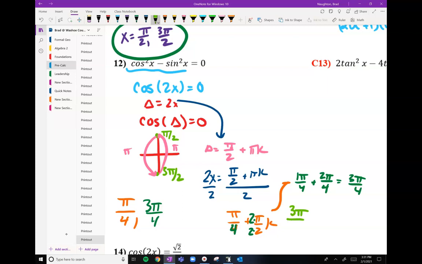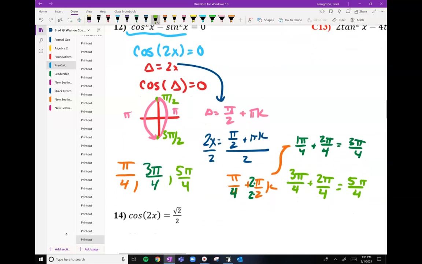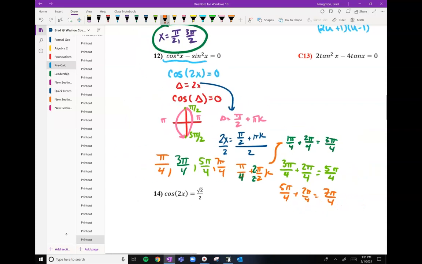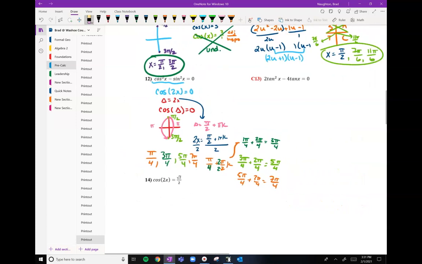Then 3 pi over 4 plus 2 pi over 4 is going to be 5 pi over 4. Okay, got another answer. And then we're going to do it one more time: 5 pi over 4 plus 2 pi over 4 is going to be 7 pi over 4. Cool. There are your answers.